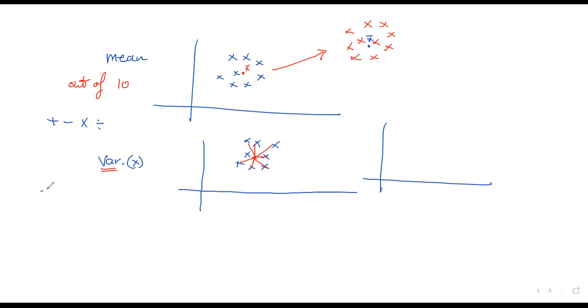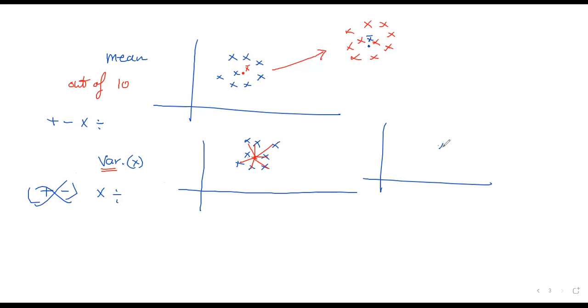So the variance is not affected by plus or minus. Even if you subtract or add, the distance between the mean and the data is not changing.